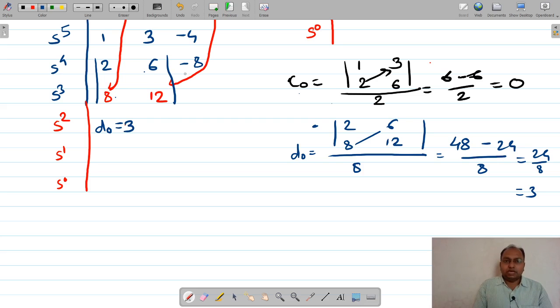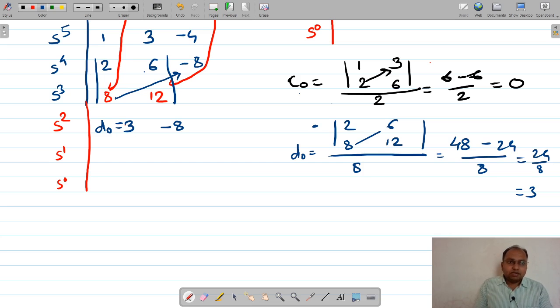Let us compute this one, and then it is going to come definitely as minus 8. Okay, 8 into minus 8, it is going to become minus 64, or you can keep it as it is, and it is also divided by 8, so that's why minus 8 will be the answer. Okay, fine.